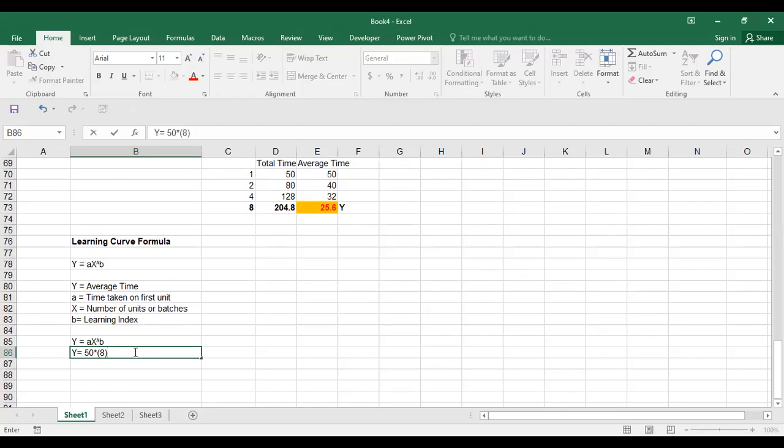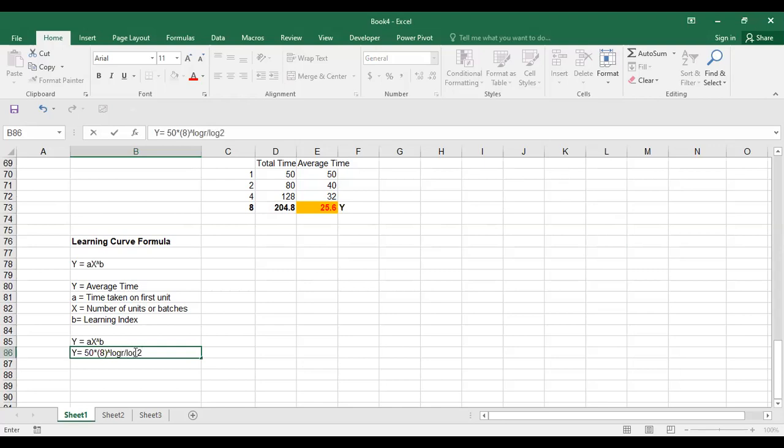I will explain to you learning rate and learning index once more, okay? I know that you still have some question in mind about learning rate and index. I will come back to it once I show you the formula. So your X is the number of batches or number of units, and that is 8. And then you have to write down power B. And B is log of R divided by log of 2.